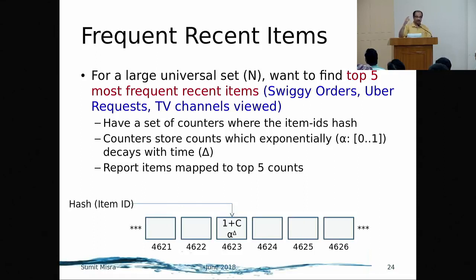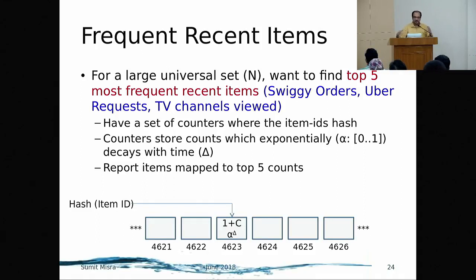So you take a number between 0 and 1, put the number of days as a power to that, and multiply that with whatever the count is. That is going to reduce, because a number less than 1 to a power is an exponential function that decays, and then you add a 1 because a new item has come.